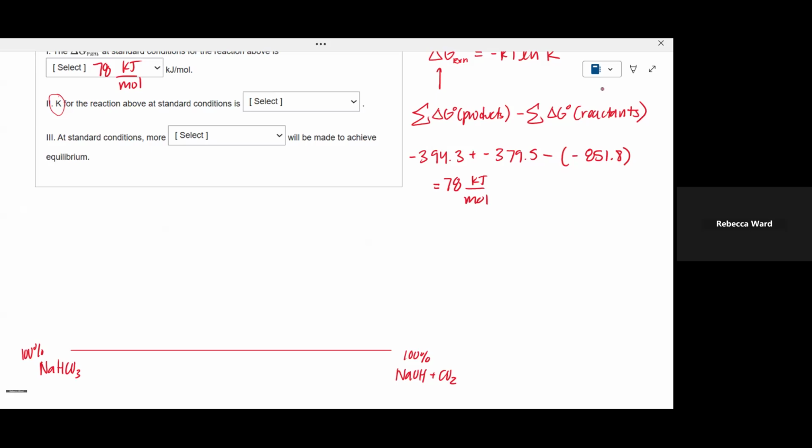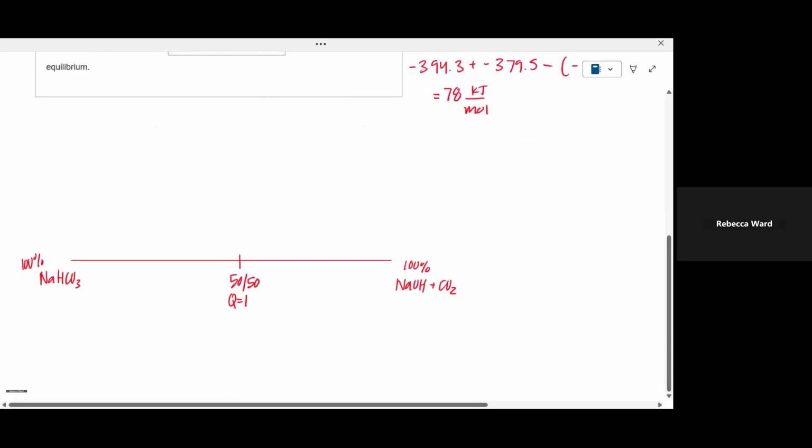At the middle, where we have 50-50, where Q equals 1, that's standard conditions. That's how we define standard conditions, and we tabulate it there, just because it makes things easy to always have Q equal 1.